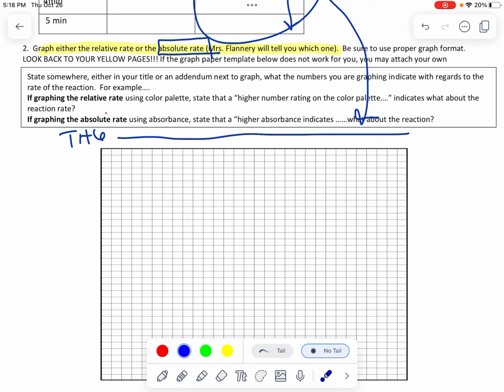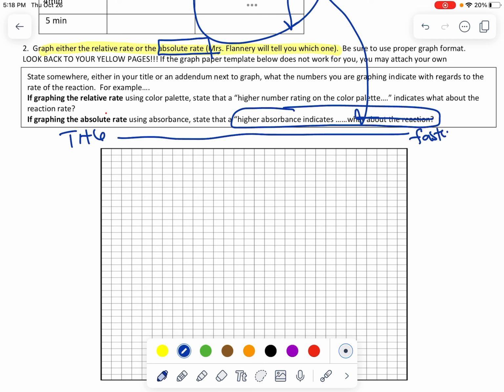But you might want to put a little box or a key that says: higher absorbance indicates a faster reaction. Or even put that in your title, like the rate of the reaction measured by absorbance over time. So you want to say something like a higher absorbance indicates a faster rate of reaction.